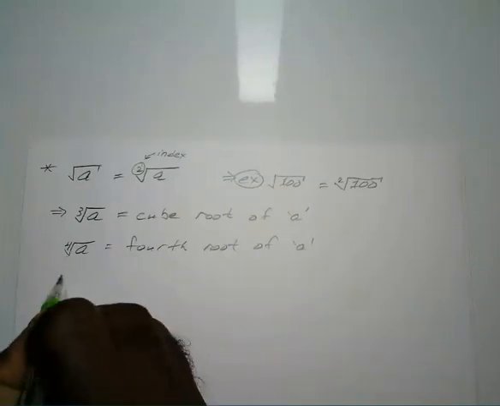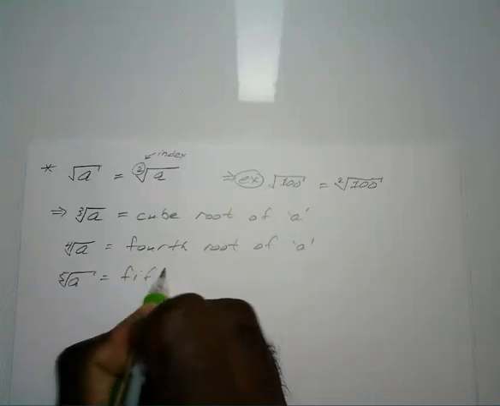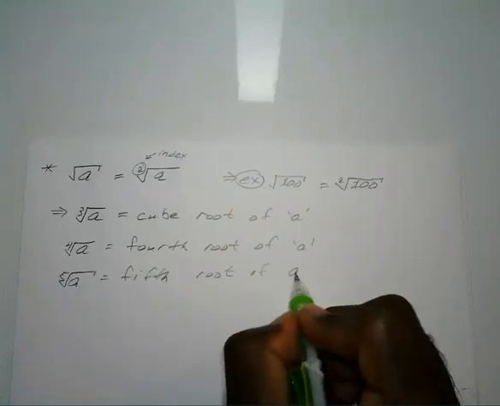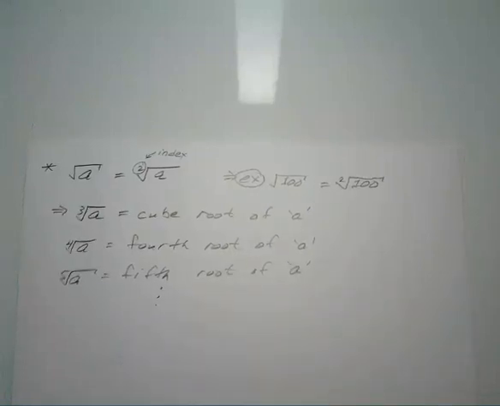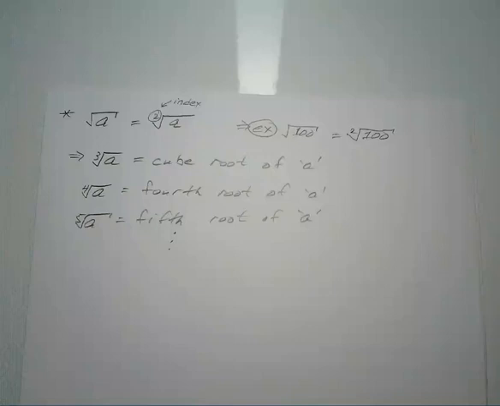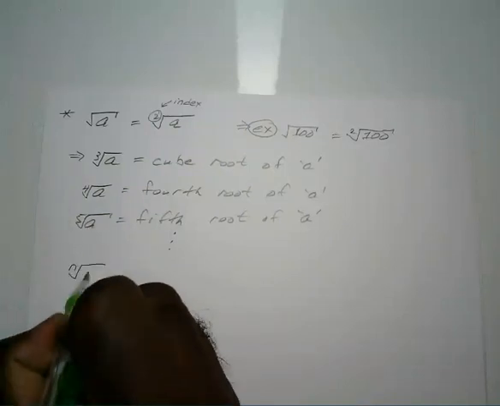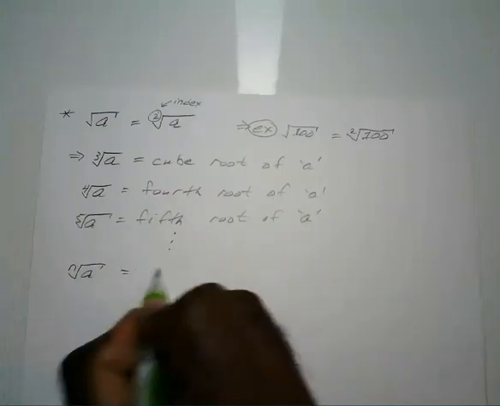Same with index of 5, that's your 5th root of a. And it keeps on going and going, all the way, let's say, to an nth root of a.